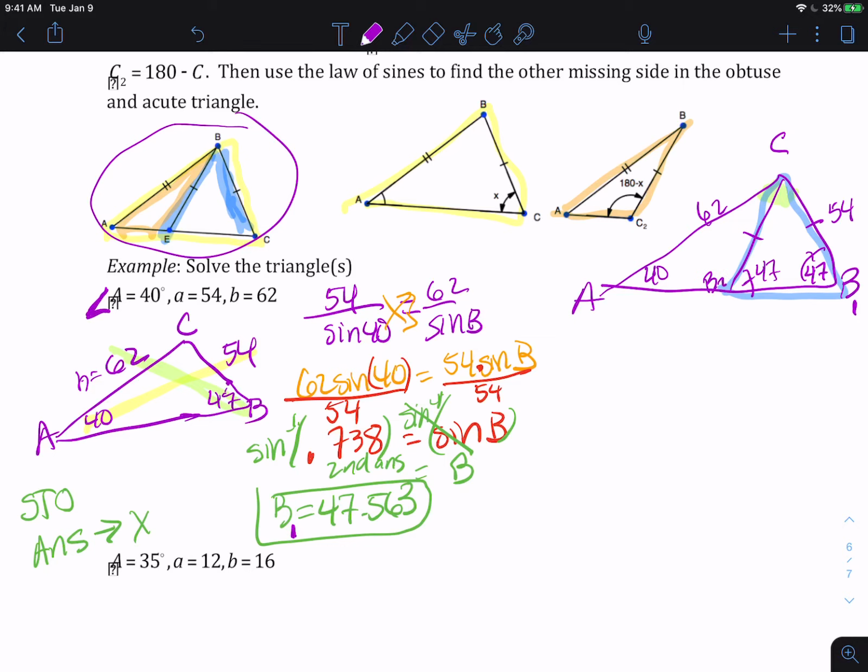So this angle right here I'm going to call B2 because it's our second triangle that you could have that's angle B. Well, if we know that this angle is 47 point whatever as well, these make a linear pair. So I can find B2 by doing 180 minus the 47.563. So I can do 180 minus, and you can either do X or second answer in your calculator. So then you get 132.437.